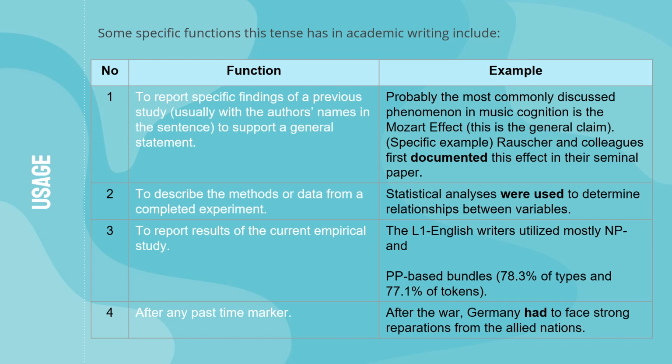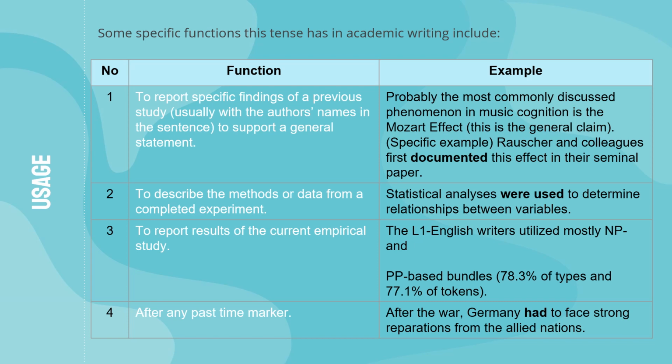Some specific functions this tense has in academic writing include: the first one, to report specific findings of a previous study, usually with the authors' names in the sentence to support a general statement.